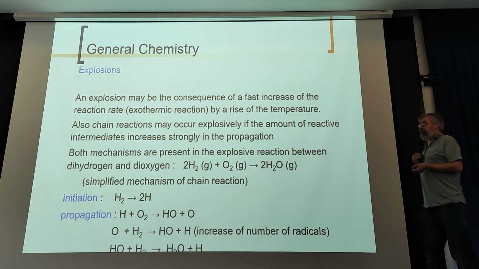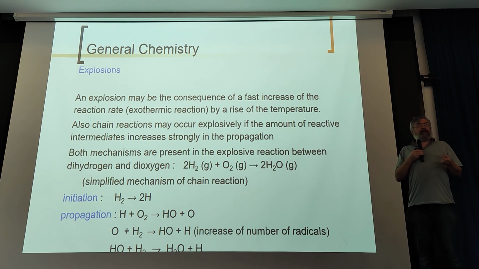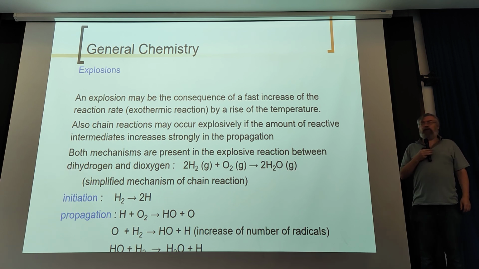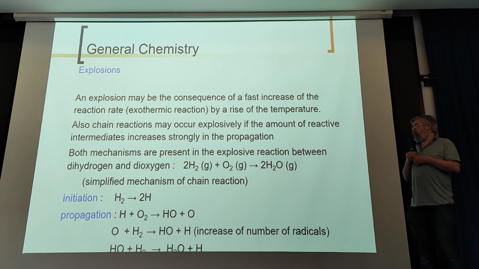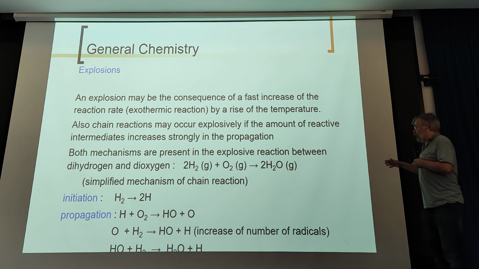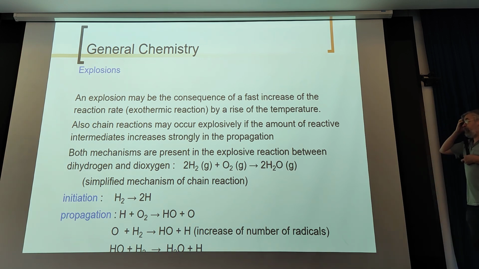So what is happening in the initiation? A spark may be enough to create a little bit of hydrogen atoms. And now the hydrogen atoms propagate. This is a simplified mechanism.